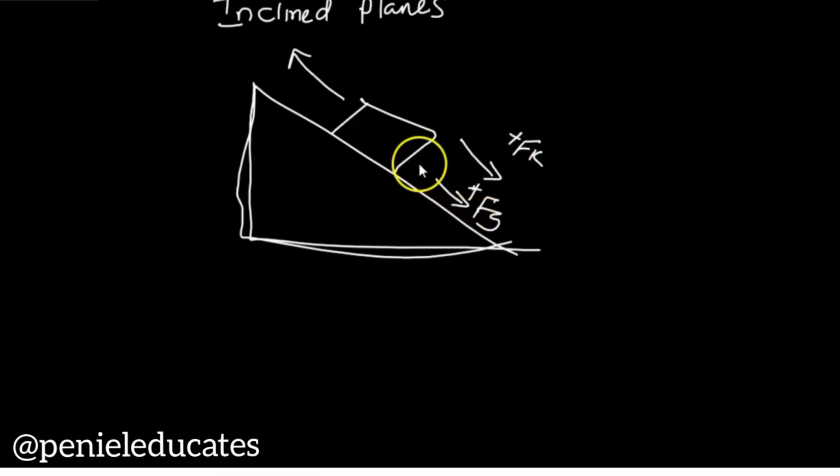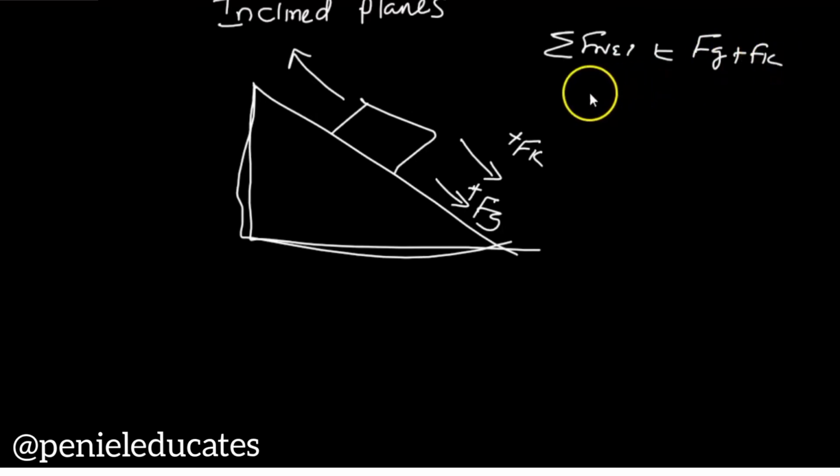That is when the block is sliding up, but the incline is coming in the reverse direction. So we're going to have our net force, which is the F net, equal to Fg plus Fk.